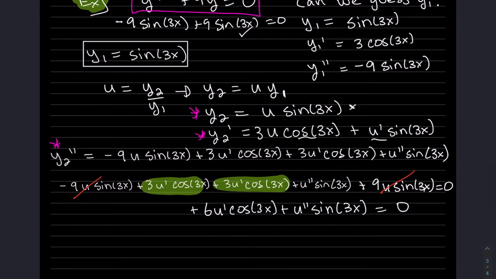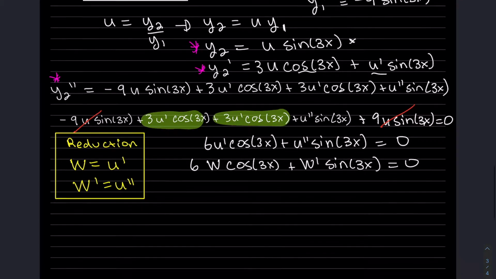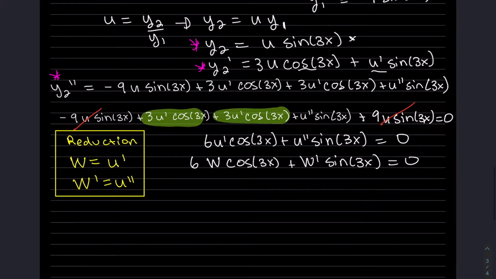So now our reduction. And we can call this dw dx. And separate it, because there's only two terms. Might as well bring it to the other side.